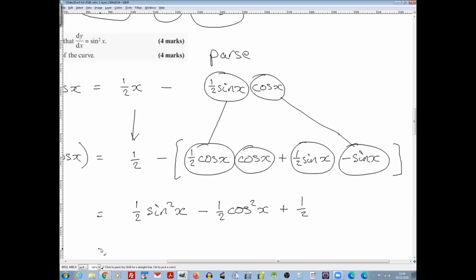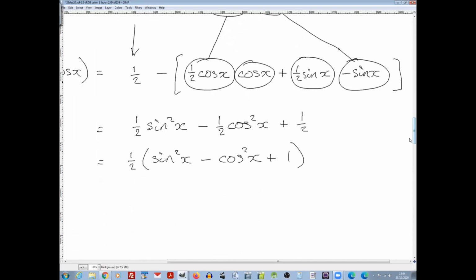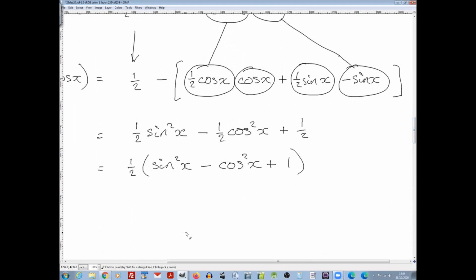Let's do that, because that might give us some ideas. Sine squared x minus cos squared x. And then you could change cos squared x into 1 minus sine squared x. Yes. Excellent.